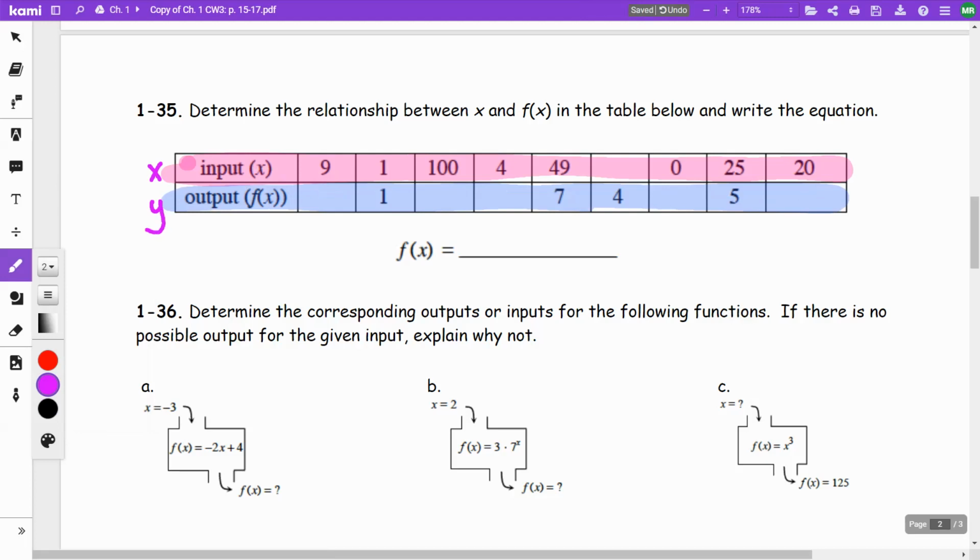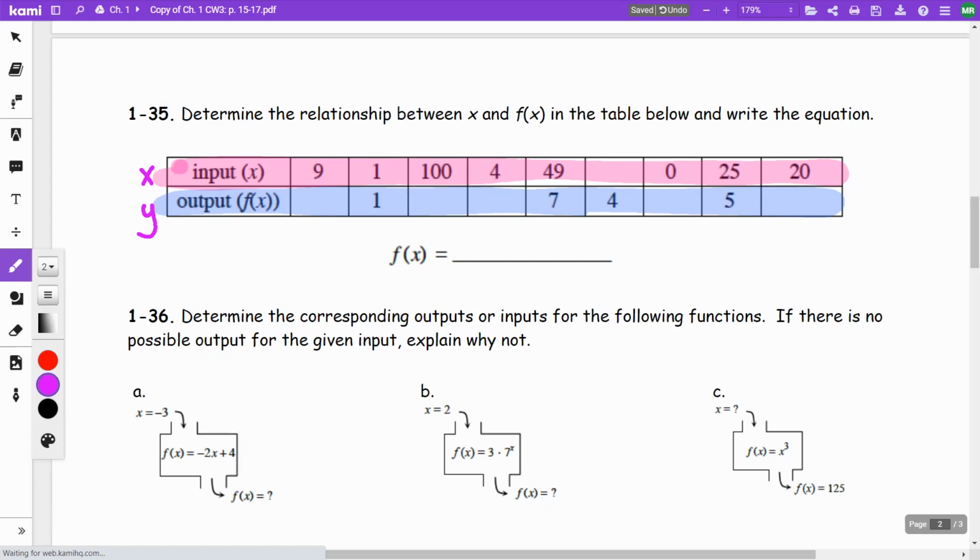So I need to figure out a pattern here. What is happening? What am I doing to a 1 to get 1 back? What am I doing to a 49 to get 7 back? Has to be the same thing I'm doing to a 25 to get a 5 back.